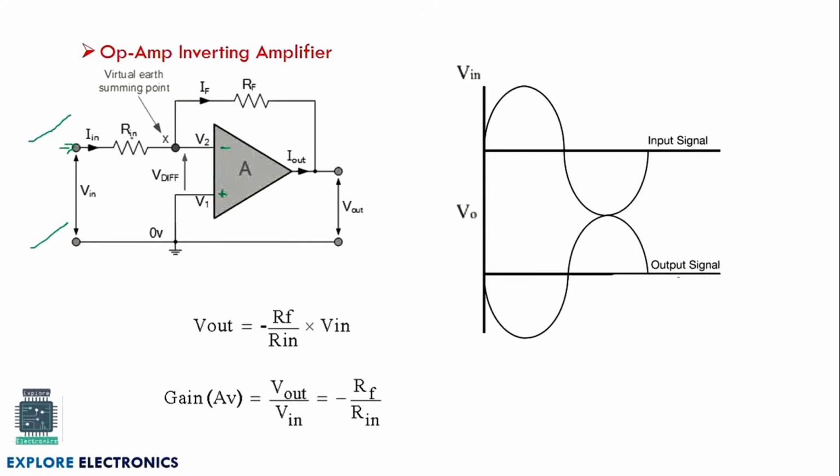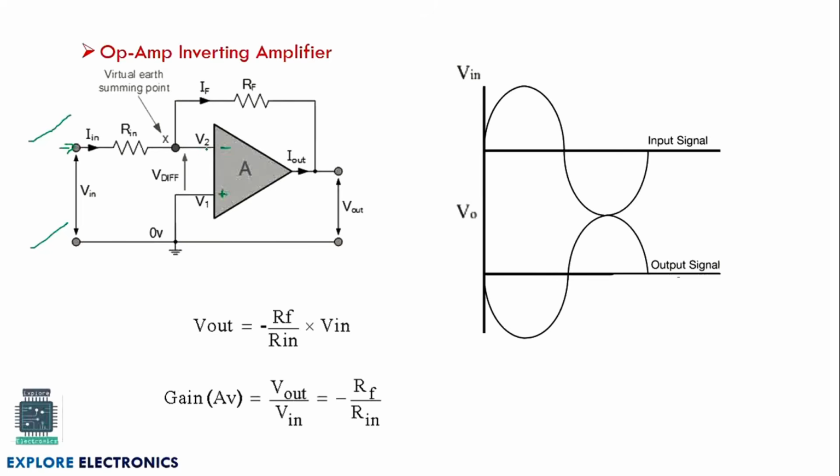So this Rin is the input resistance here for the voltage we are going to apply, a limiting resistance, and Rf is the feedback resistance. Here we have used a feedback through Rf, which is connected to the inverting terminal of the op-amp. Always the feedback will be to the inverting terminal, so we can say this is a negative feedback.